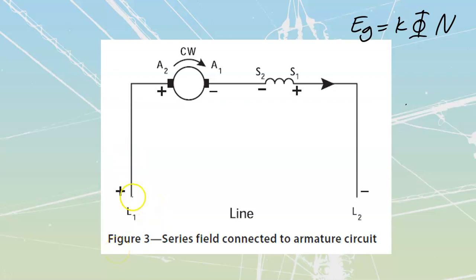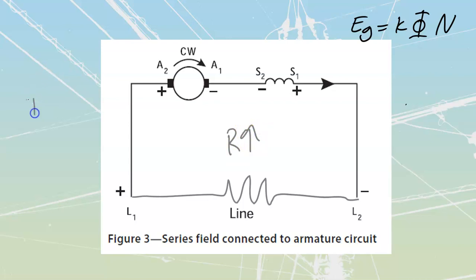As soon as I start putting a load across here, we're going to start to see volts. Now I'm going to start with a very high value of resistance. If my resistance is really high, therefore my I must be low. I is equal to E over top of R. So here is my E, my generated voltage coming off of that.